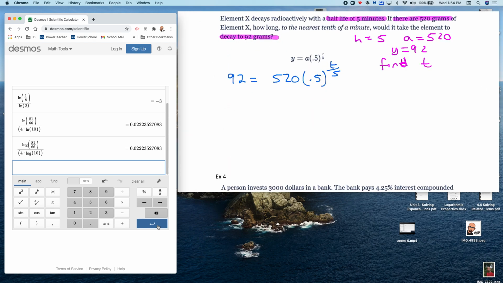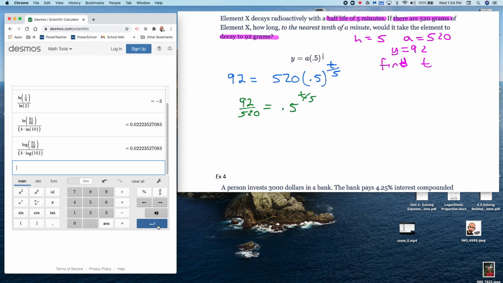If I go through and do all the steps of algebra on this, the first step is I'm going to take 92 and divide by 520. I still have this left over, only I got this exponent. So how do I get rid of that exponent? I take the natural log of both sides.